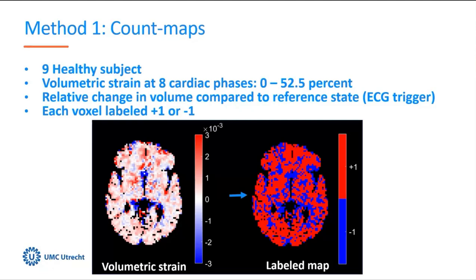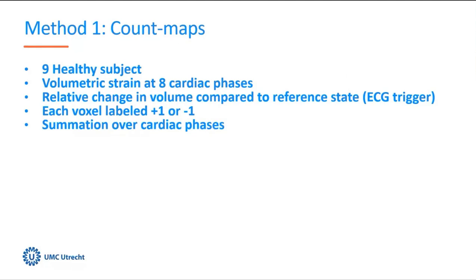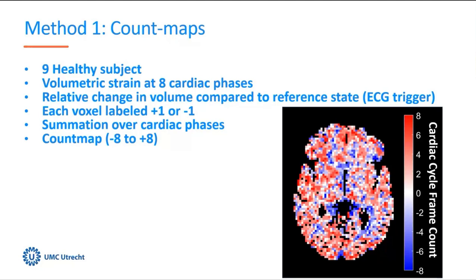Since I have 8 cardiac phases, I did a summation over all the cardiac phases of the label. That led to a count map with voxels ranging from -8 when negative in all cardiac phases, to +8 when positive in all phases. And the resulting image looks like this.